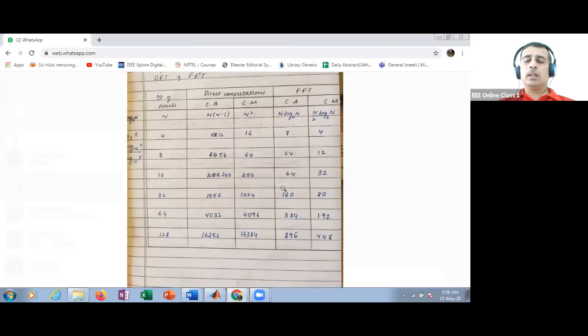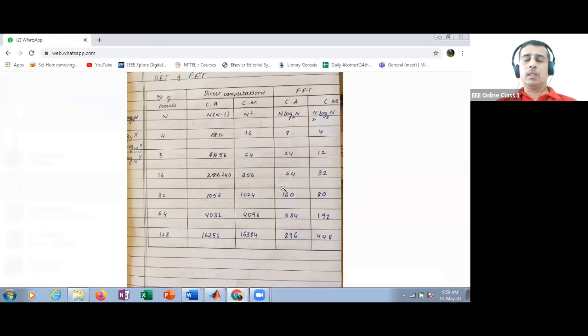In this type of decimation, the first thing is we divide the given n equal to 8 samples, numbered 0 to 7, into even and odd samples. I divide them into even samples first and odd samples next, so 4 samples each.